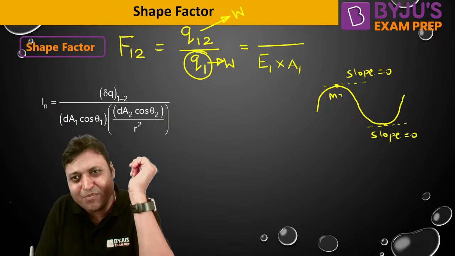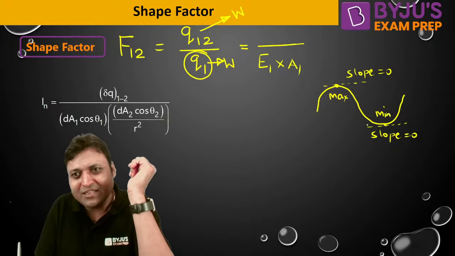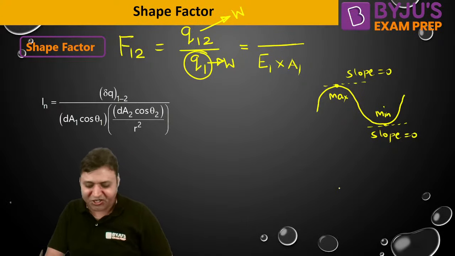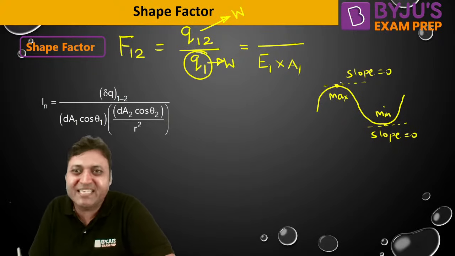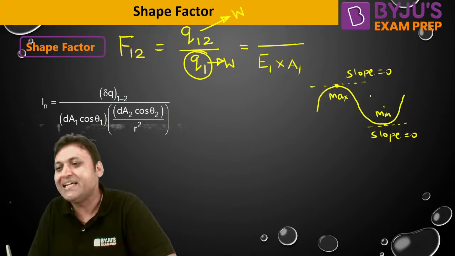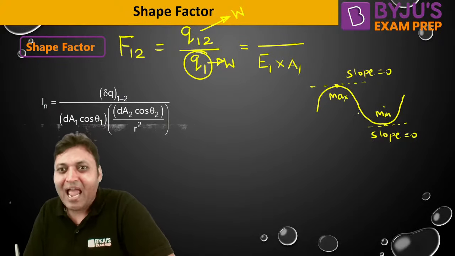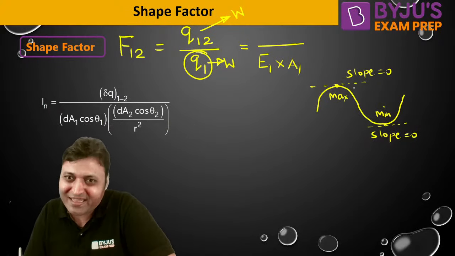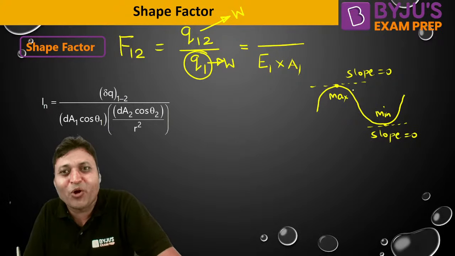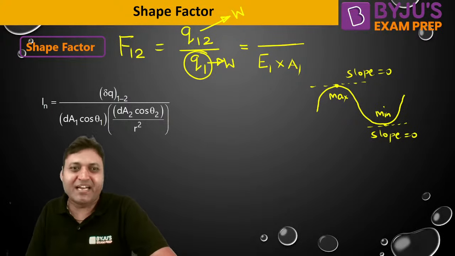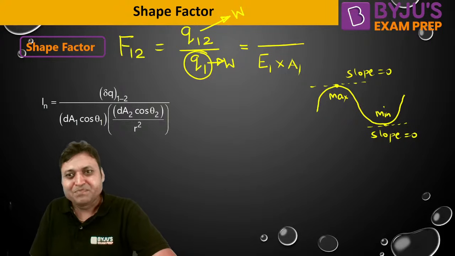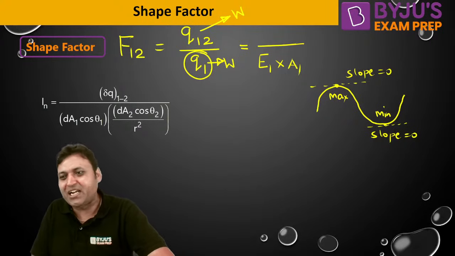So for maximizing or minimizing, we need to have the slope equal to 0. Are you getting it? To find out whether that is a maximum or minimum point, we need to go for the second derivative. If the second derivative is negative, then it is a maximum point, maxima. And if the second derivative is positive, then it will be minima.